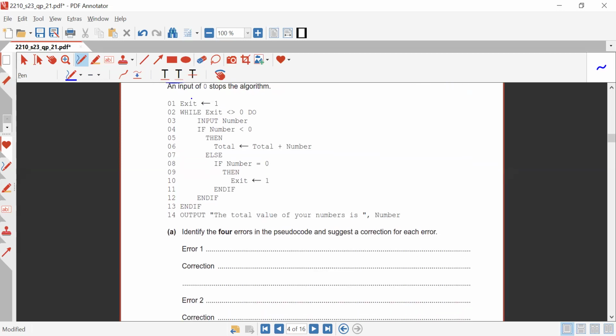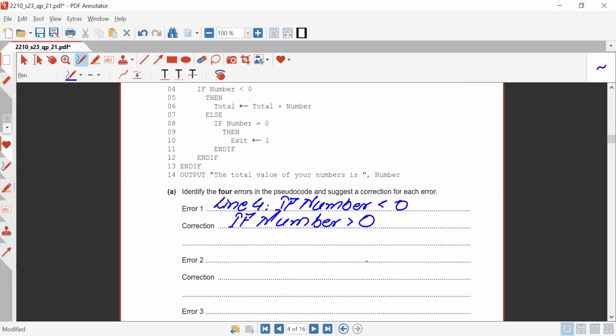So error 1, line 4: if number is less than 0. So the correction is if number is greater than 0.